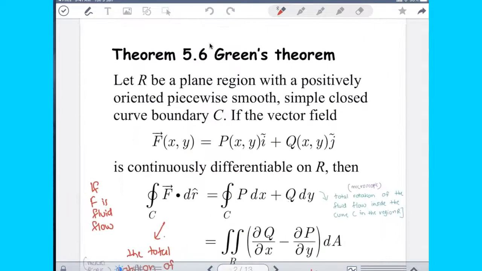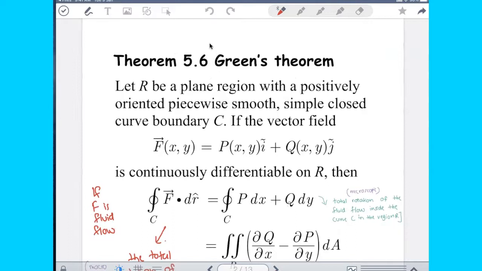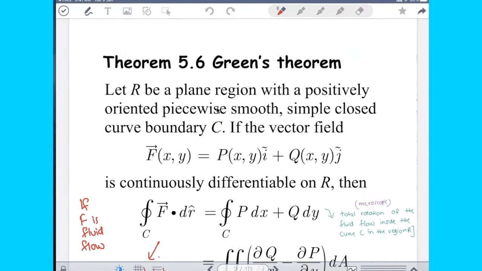Okay, now we want to know further about Green's theorem. Let R be a plane region with a positively oriented piecewise boundary. Positively oriented means it always points in the counterclockwise or anti-clockwise direction.